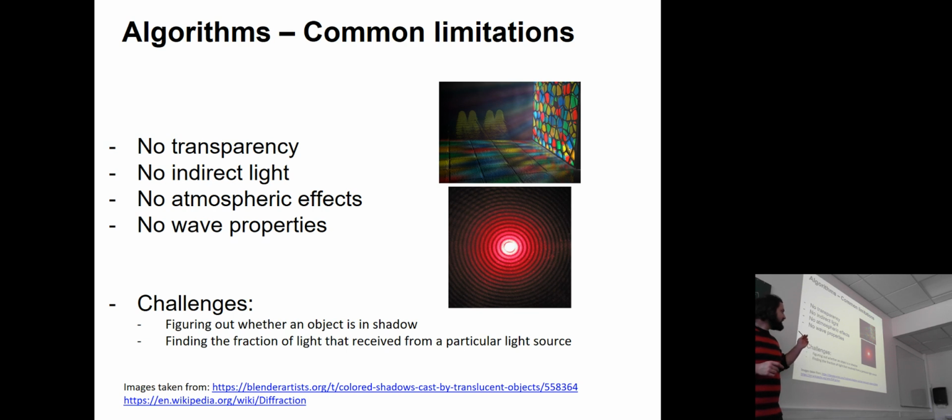And atmospheric effects like mist or light rays through a dusty area. Also, we work on the optical level, so no wave properties of light are considered. For example, what is a phenomenon there?